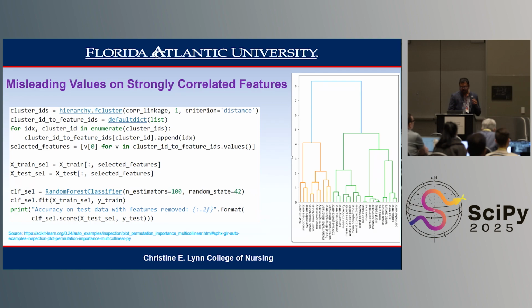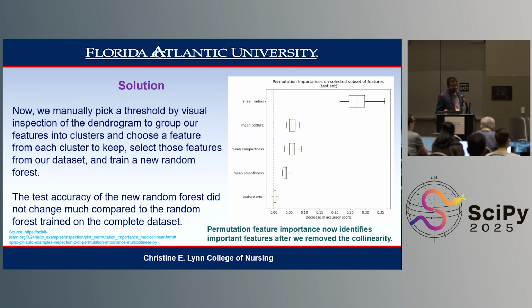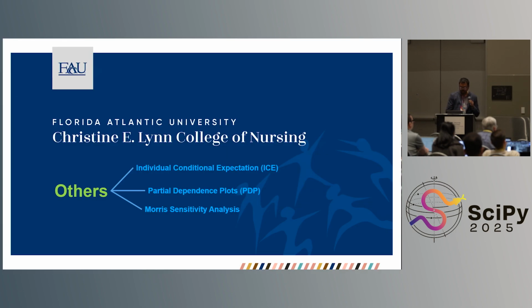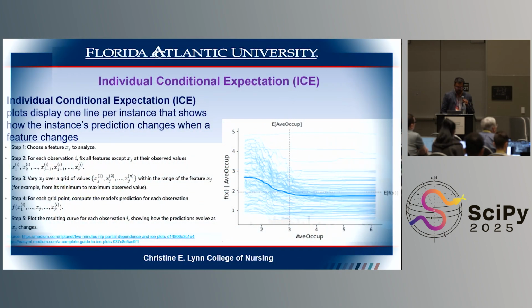The way to solve it is by using clustering, picking one of the important features and discarding the others among the correlated features. Once you do that, you gain back that importance. So not everything is zeros now. Previously you would see everything lined up at 0.00, so no features were important.